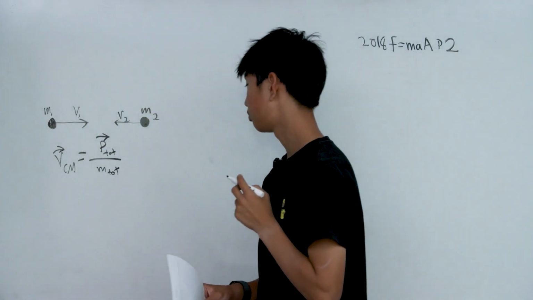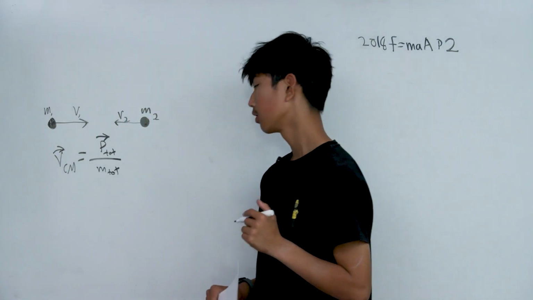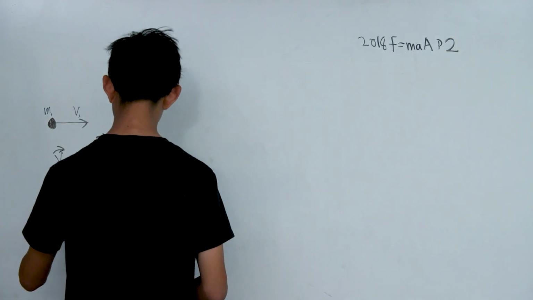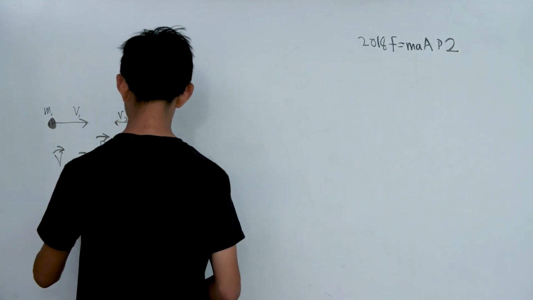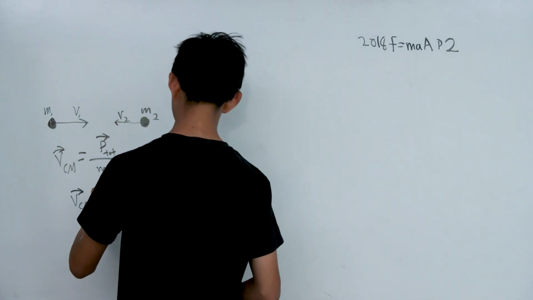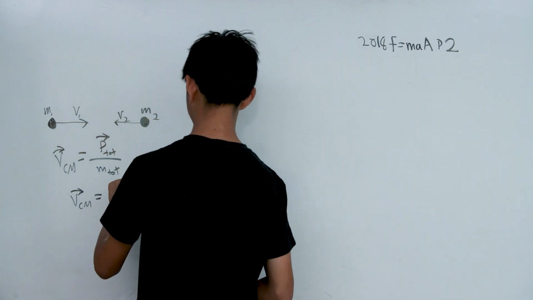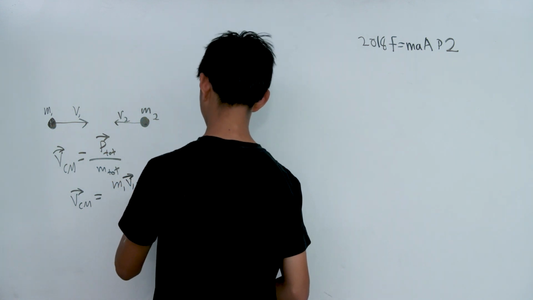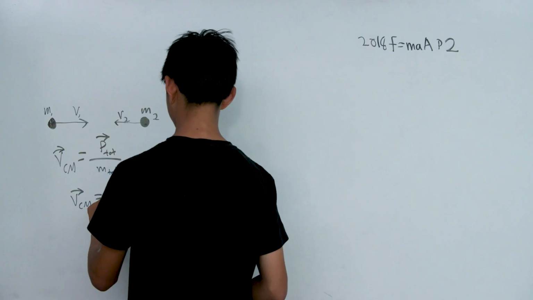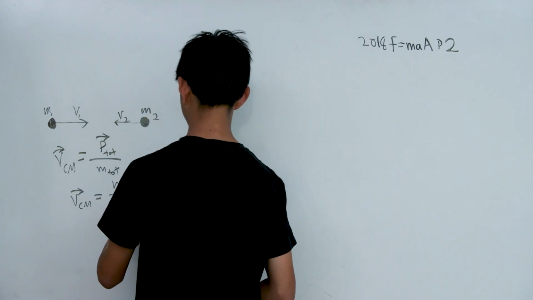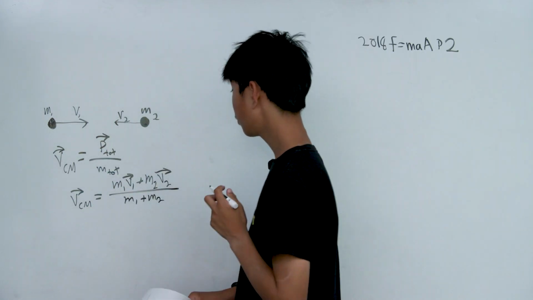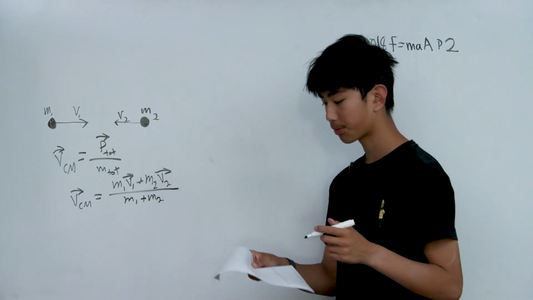So we can rewrite this as velocity of center of mass equals m1 v1 plus m2 v2 over m1 plus m2. Then we can just substitute in all the numbers.